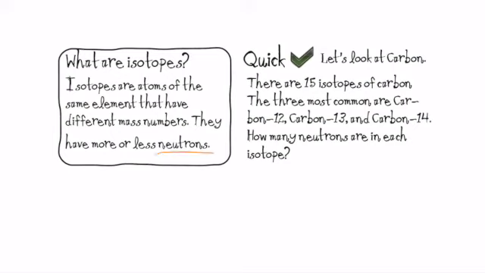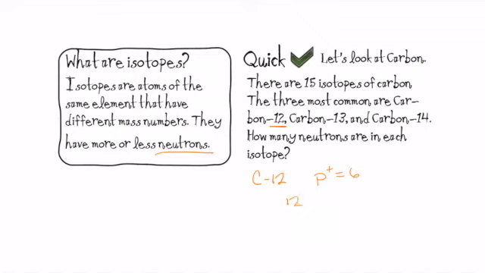Let's look at carbon. There are 15 isotopes of carbon. The three most common are carbon-12, carbon-13, and carbon-14. How many neutrons are in each isotope? So the number after the hyphen is the mass number. So carbon-12 has a mass of 12, also has 6 protons.